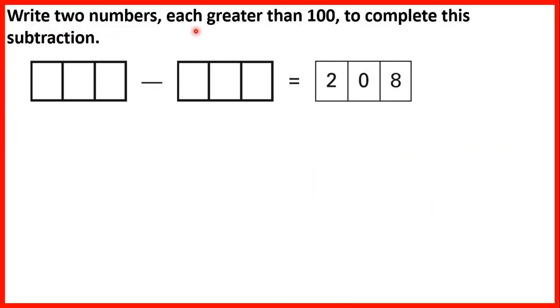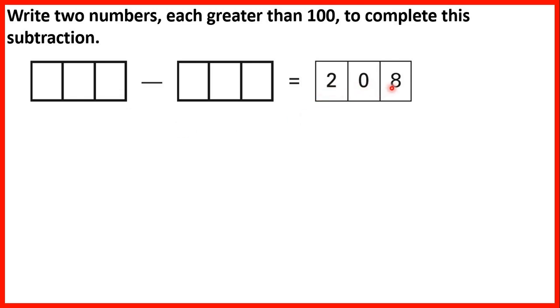Write 2 numbers, each greater than 100, to complete this subtraction. So something minus something is 208, and both of these numbers need to be greater than 100. Now we know that a subtraction problem can be read backwards as an addition problem.